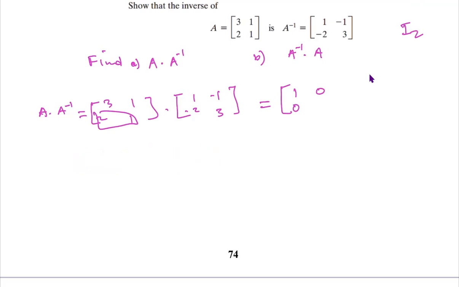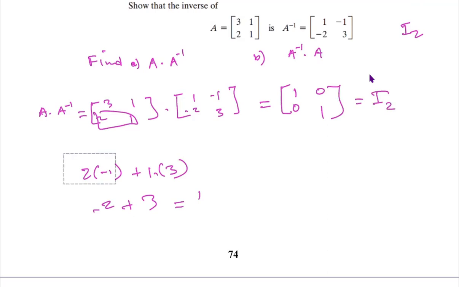I'm working with the second column. And last, we're going to do the second row, second column. So that's 2 times negative 1 plus 1 times 3. That's negative 2 plus 3 equals 1. So that is the I2, right?